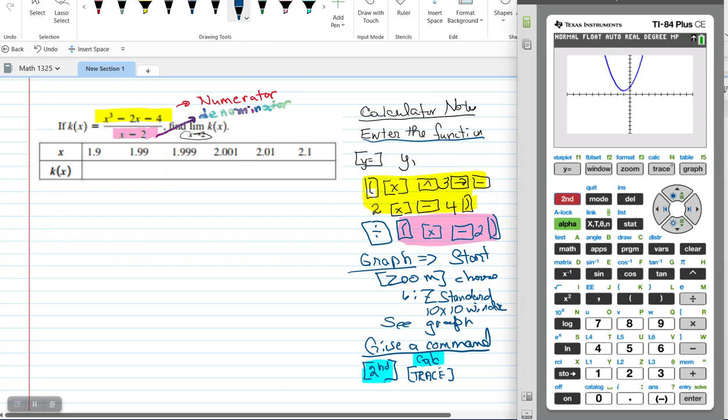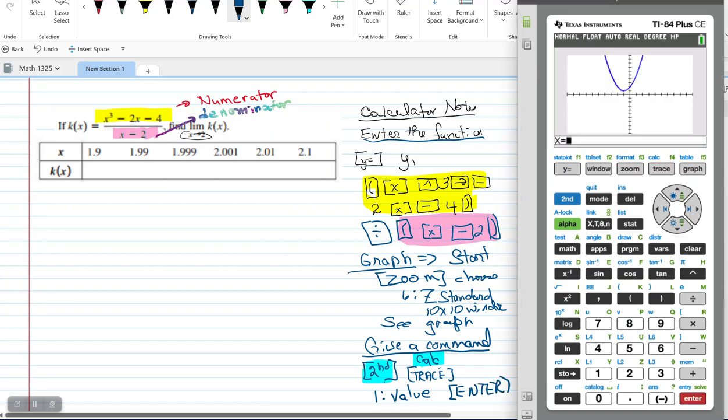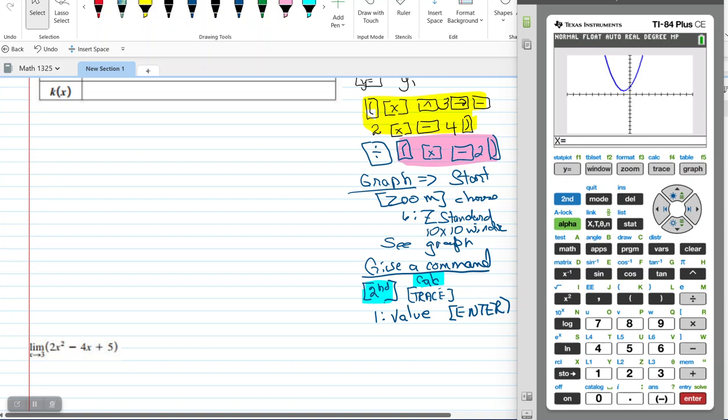I'm going to do second calc, and I'm going to hit number 1, enter. And now there's a flashing cursor beneath the graph, and now I enter the values I need.